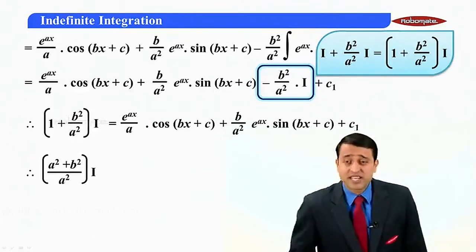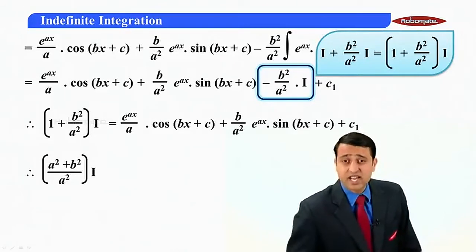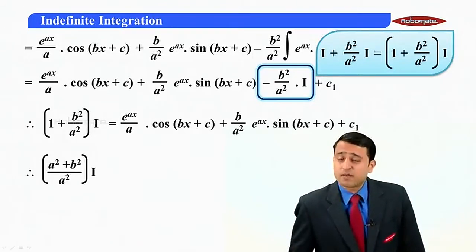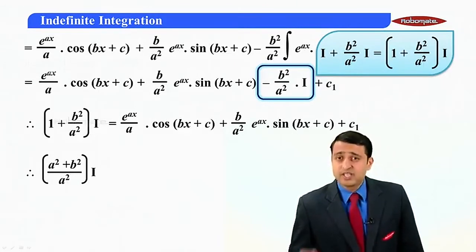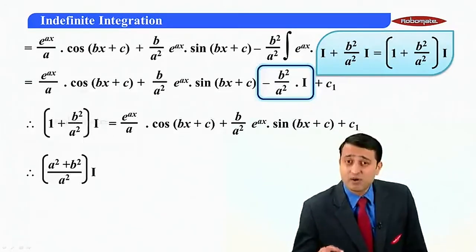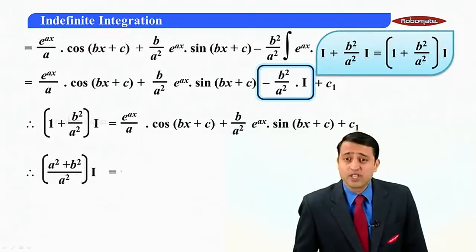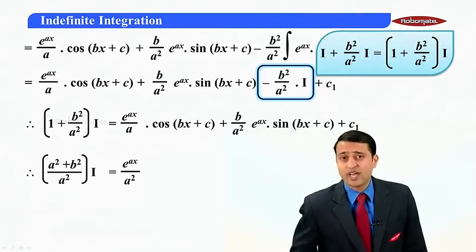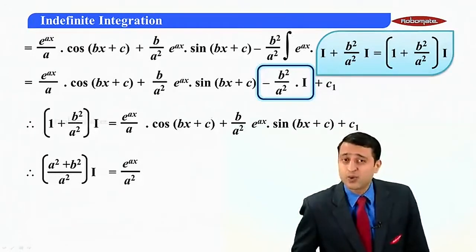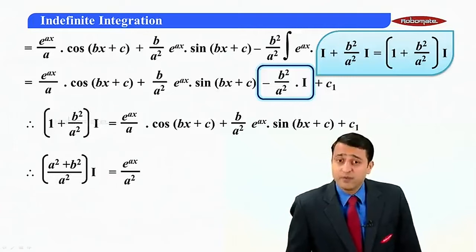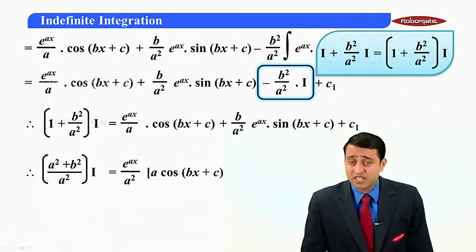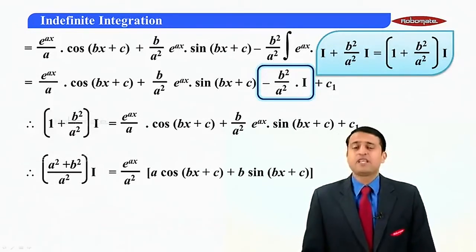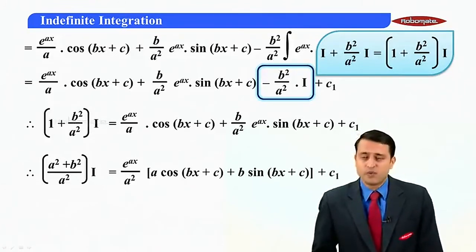Now my dear students, let's take LCM on the left hand side. We will get a square plus b square upon a square is equal to, let's take an LCM on the right hand side as well. So e raised to ax upon a square, I am taking that common. We get a cos bx plus c in the bracket plus b sin bx plus c plus c1.